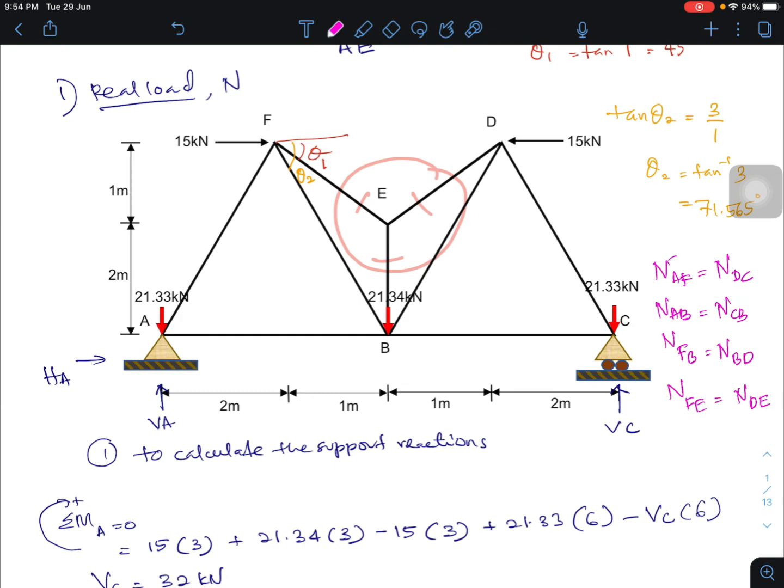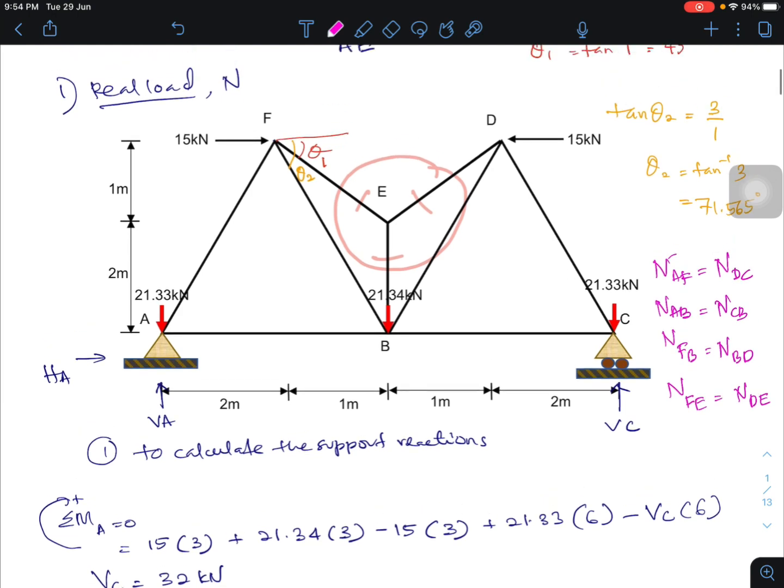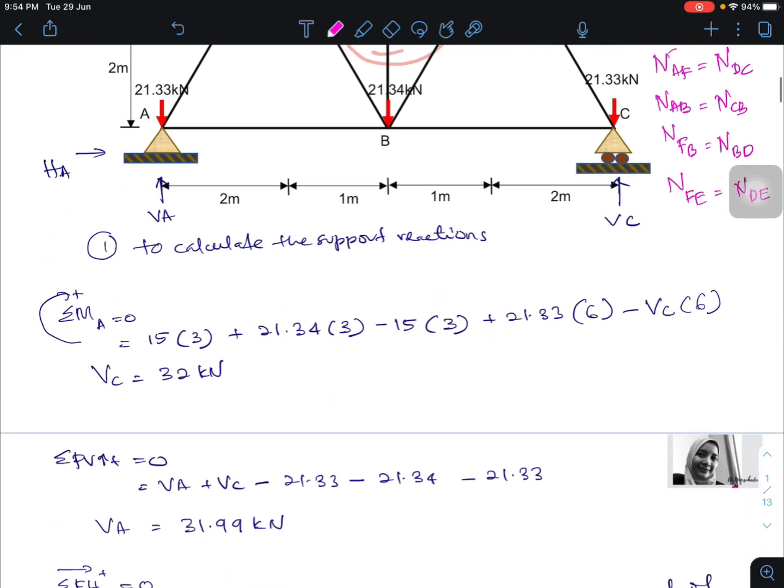What else? 1, 2, 3, 4. Okay. So in this case, NFE is negative 54.43 kilonewton. So FD and ED also the same value.